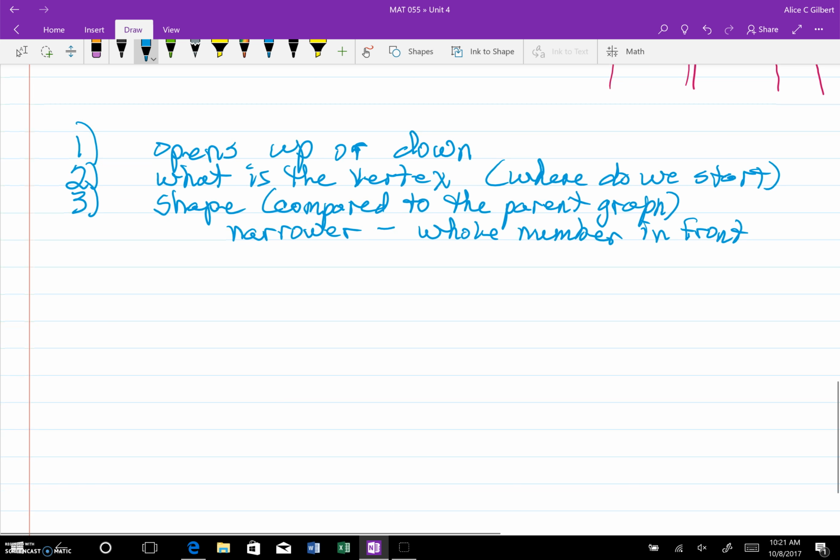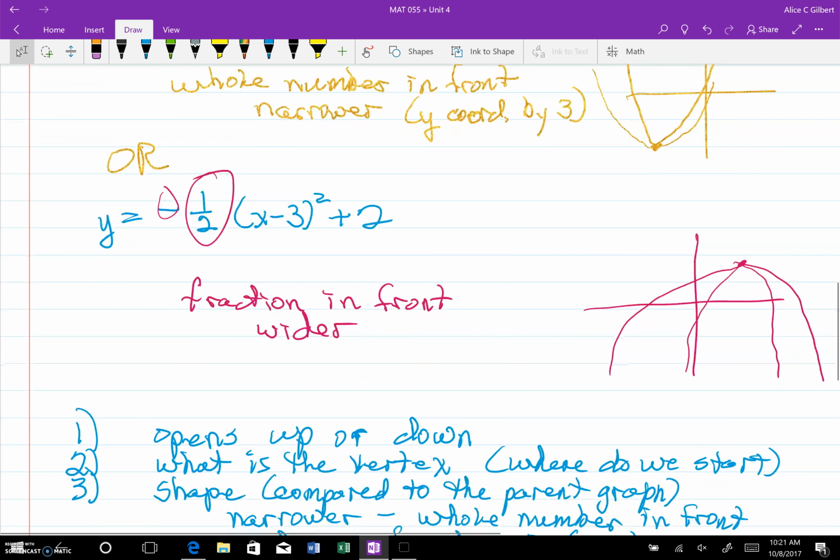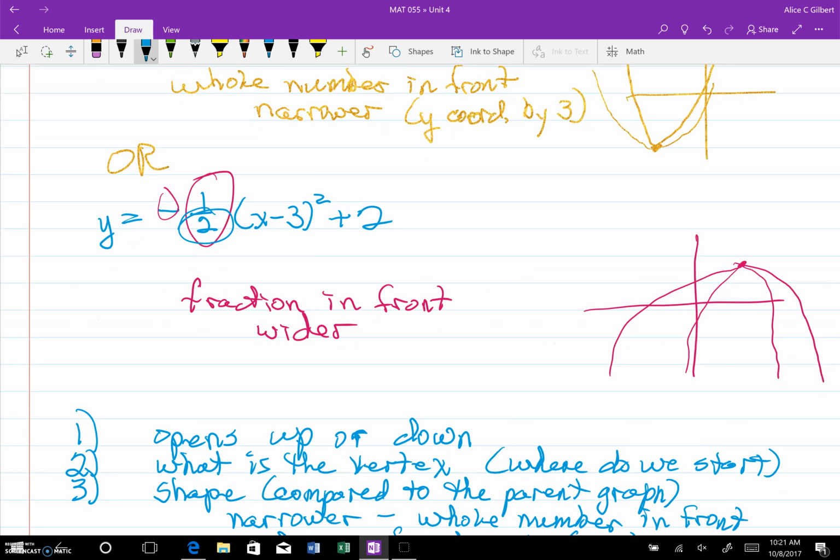And I forgot to mention, wider, also sometimes known as compressed, has a fraction in front, and we would divide the y coordinate by whatever the denominator is, as long as there's only a 1 in the numerator, and that's all we'll be working with.